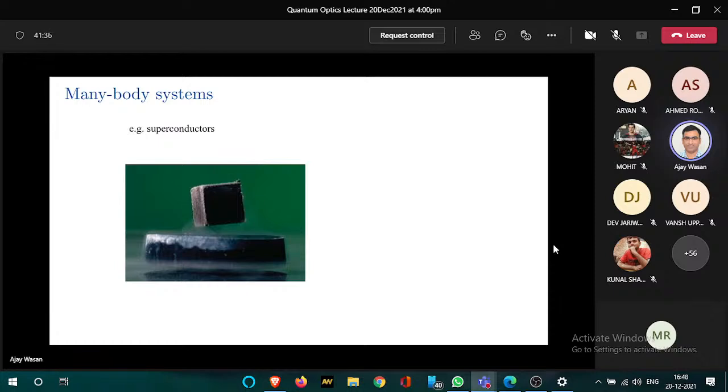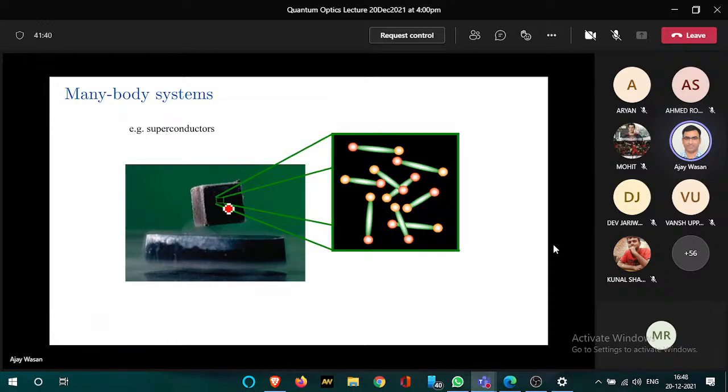So many-body system, superconductor, I'm talking about here. If you see inside, I'm showing you a pair of electrons. Here I'm just showing a pair. So the intricate quantum motion of electrons gives rise to amazing microscopic behavior that we want to understand. But if you take a magnet, it's a very complicated, complex structure.